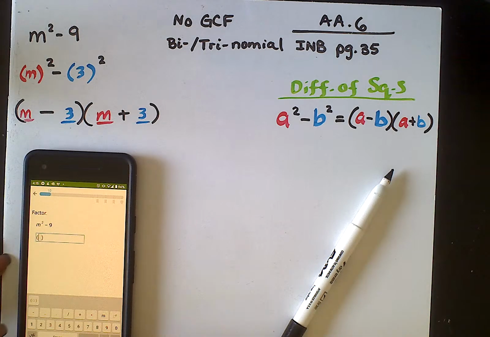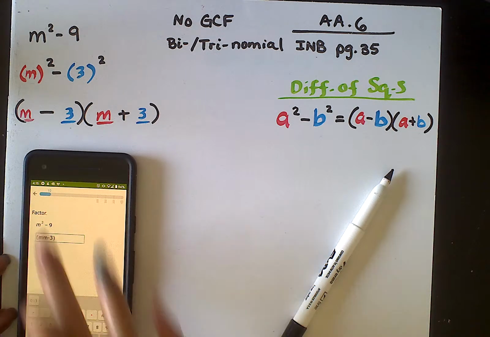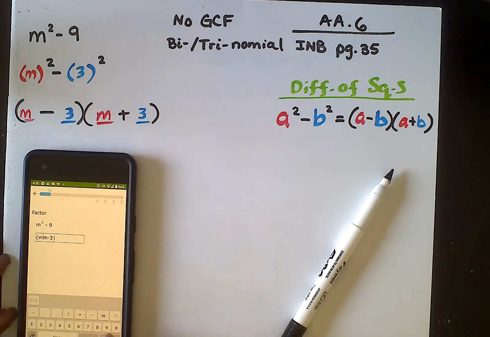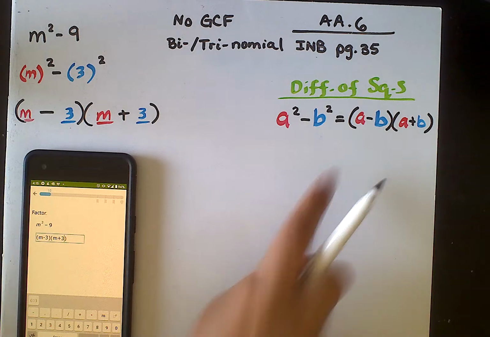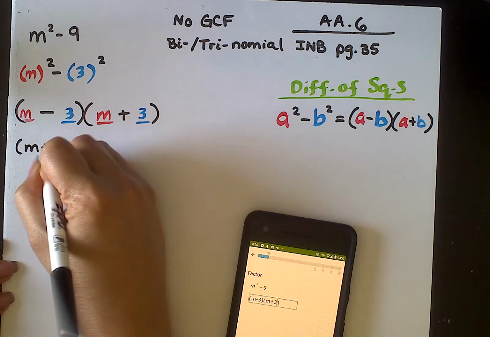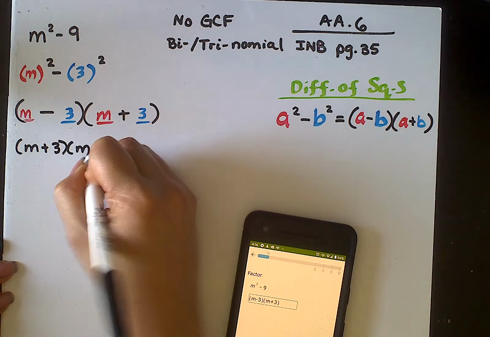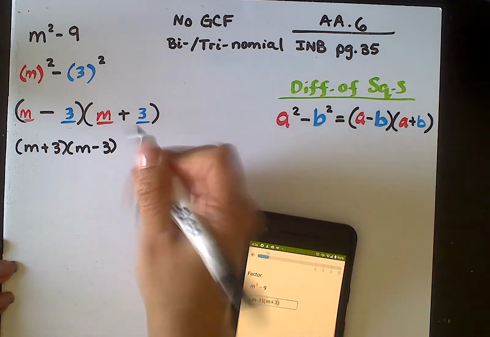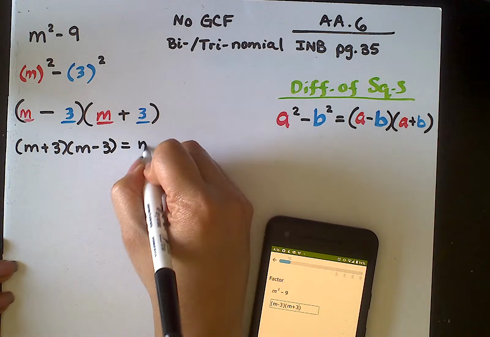So, m minus 3, oops, too many m's, and m plus 3. Now, remember, I could have written m plus 3 times m minus 3.